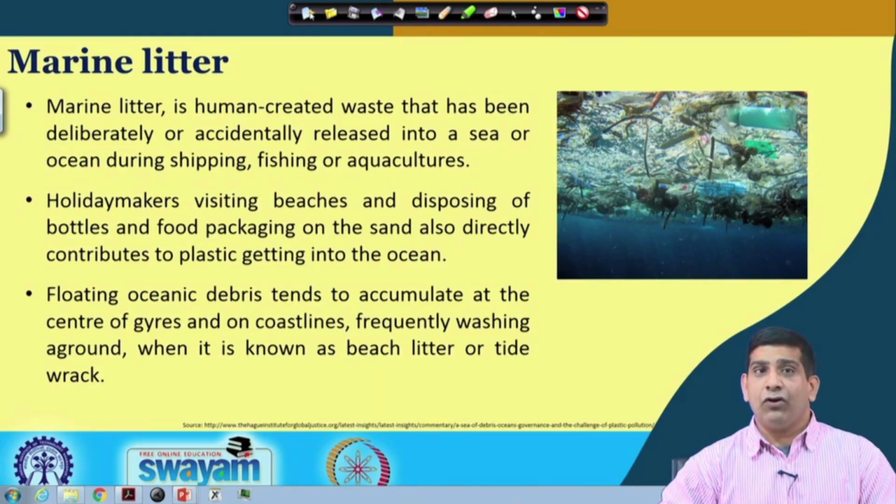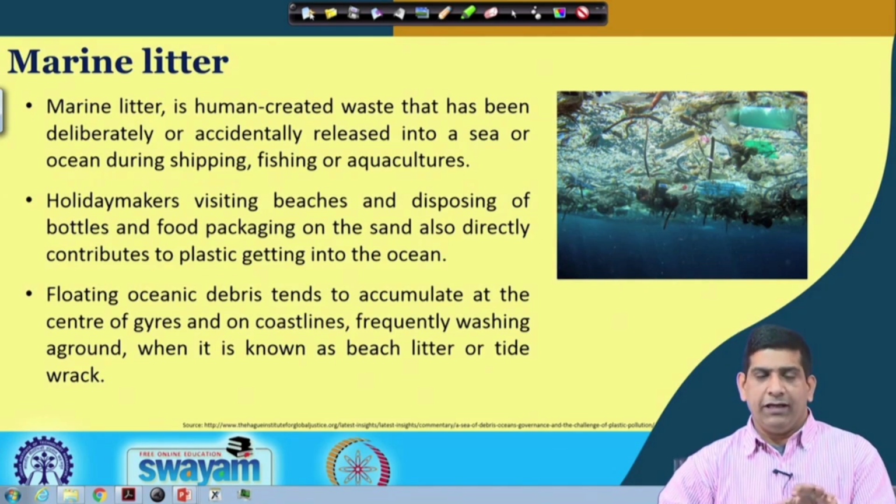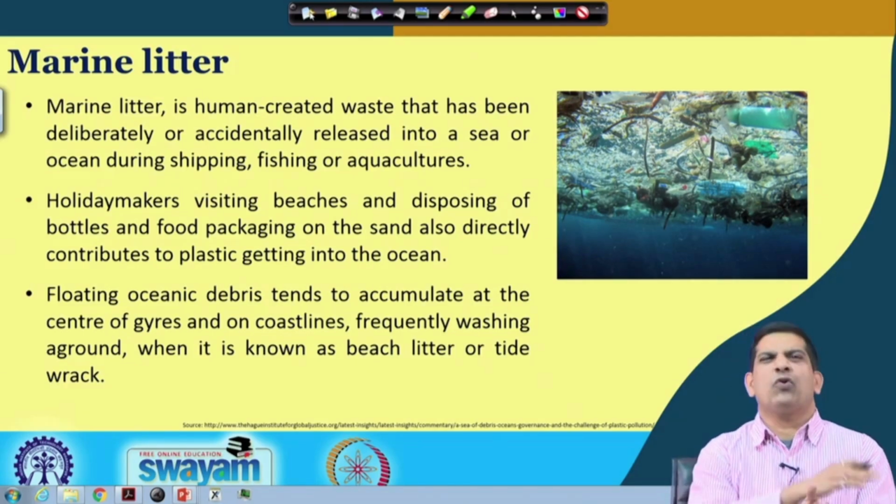That raised a lot of alarm all over the world, that we are not managing this plastic waste properly, and it is getting into the ocean and everywhere, which is going to create a lot of nuisance. So, what is marine litter? Litter means waste that is not managed properly, just thrown away.